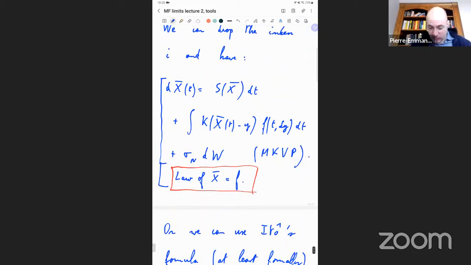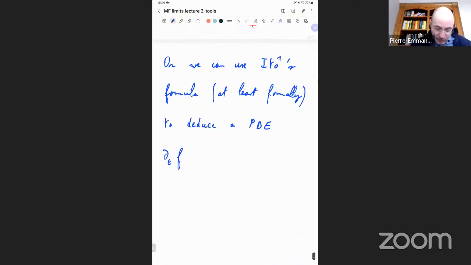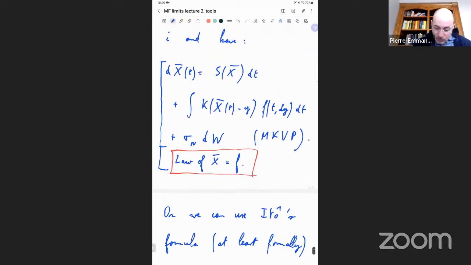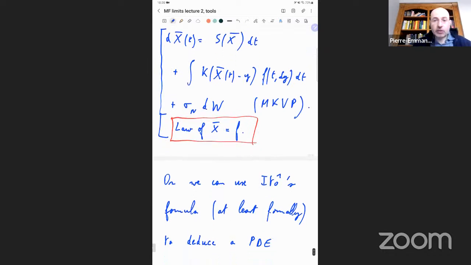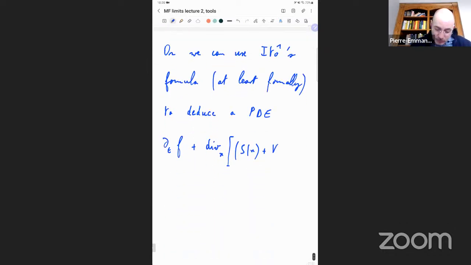So, this is all good. And then what do I have? I have this, plus divergence in x of s(x) f, plus this, and you see that this is the convolution of K with f, convolution in x, times f.